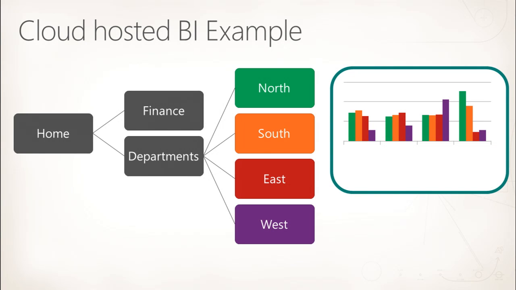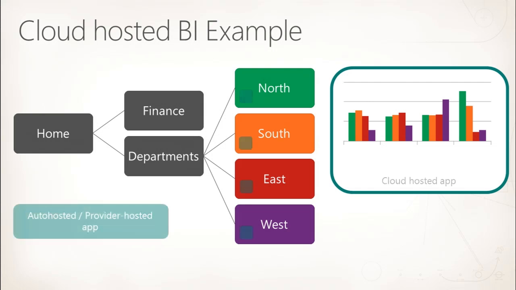And you would love to be able to take that data. As you can see, the charts correspond to the colors of the data related to the north, south, east, and west here. What you can do is deploy an auto-hosted or a provider-hosted app into each one of those particular site collections or sub-sites.